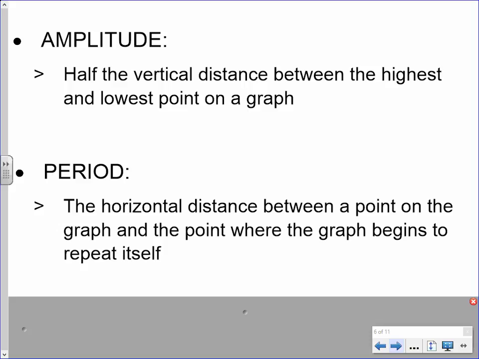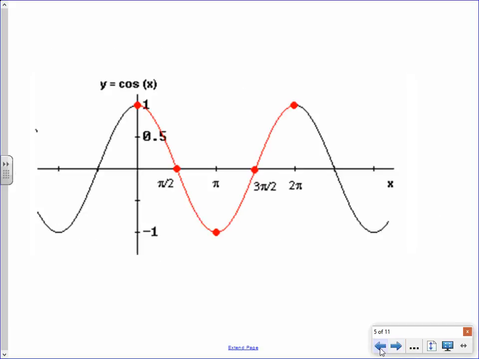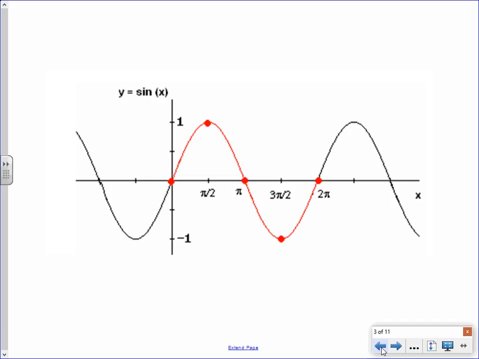I'm going to flash back to that very quickly. What is the length of the period for y equals cosine? 2 pi. Where it starts to where it begins to repeat is 2 pi. That is the same for sine. We make a wave, here it starts to repeat, so it has a period of 2 pi.